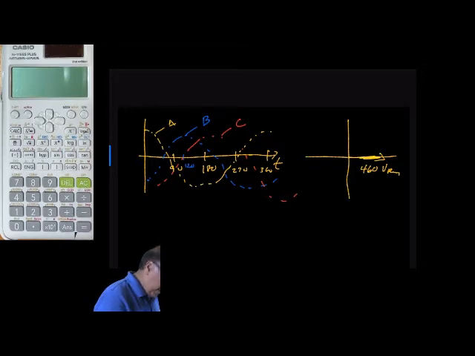This would be phase B here. And this would be 460 volts RMS. An angle of minus 120. And then finally, phase C would be up in here. This would be 460 volts RMS with another 120 degree of delay.